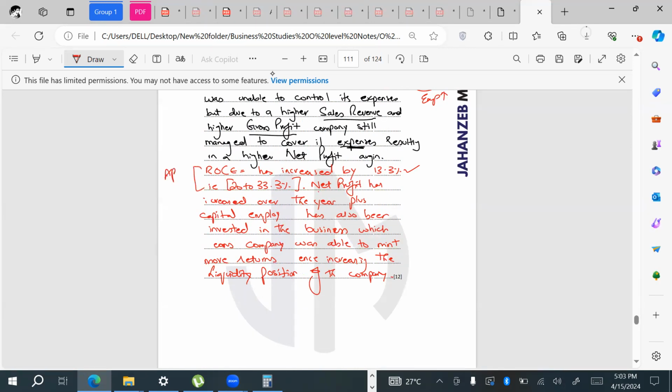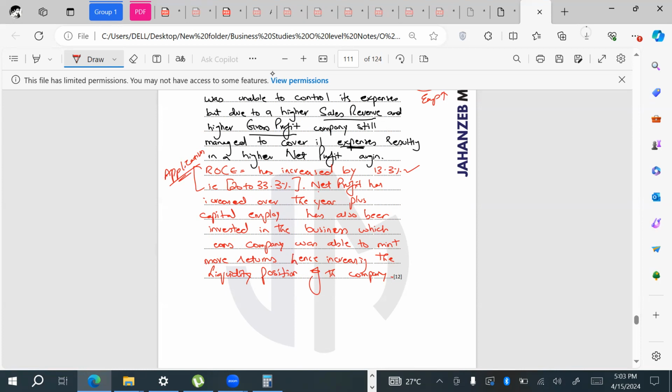This is basically an application which you need to mention in your answers. Then you have written that net profit has increased over the year, plus capital employed has also been invested in the business, so the company was able to mint more returns, hence increasing the liquidity position of the company.